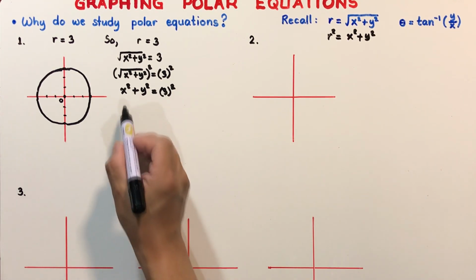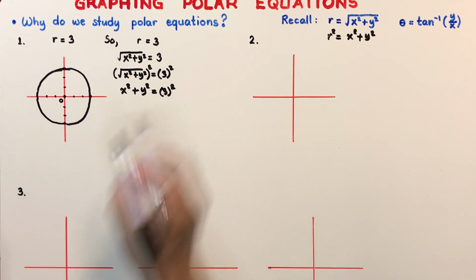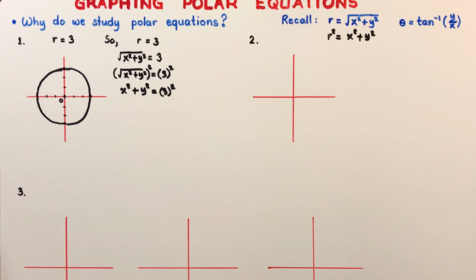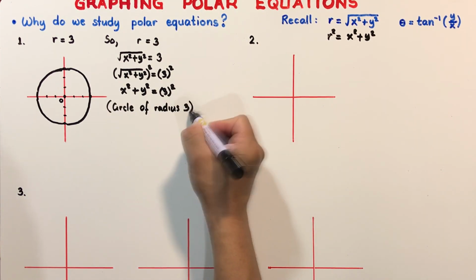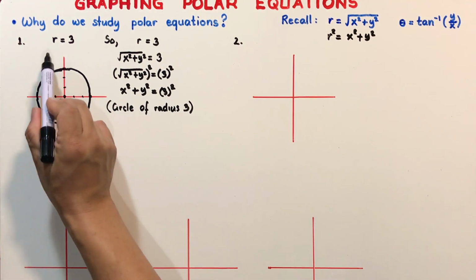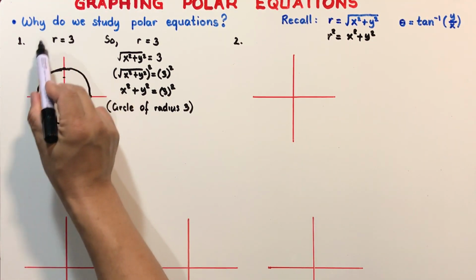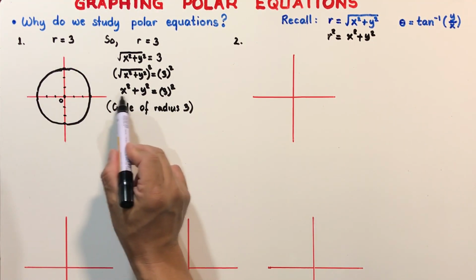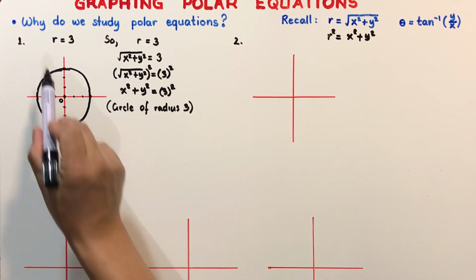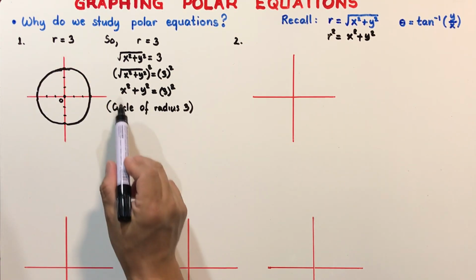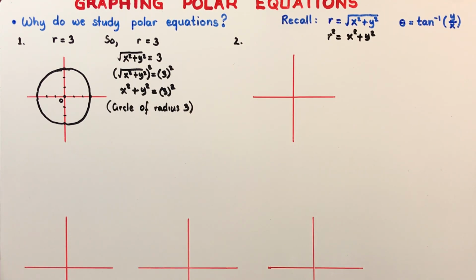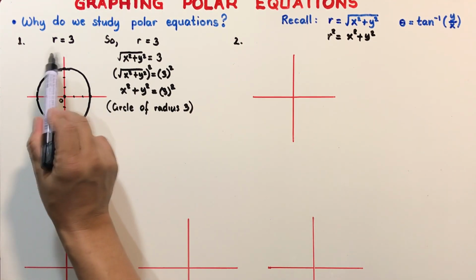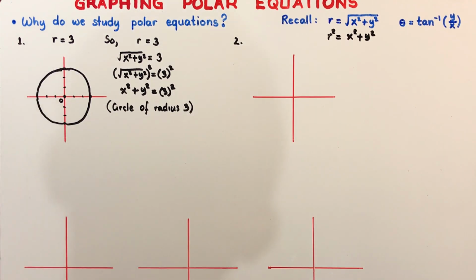And you can see that this is an equation of a circle of radius 3. And you can see that our polar equation is very simple compared to its equivalent rectangular equation. So this is a cool way of representing a circle through an equation.